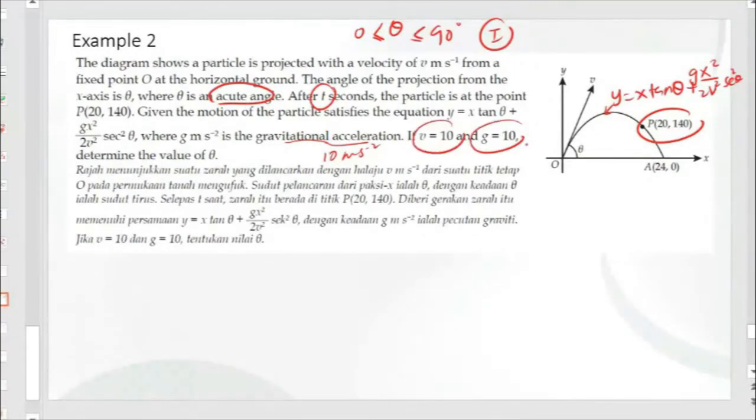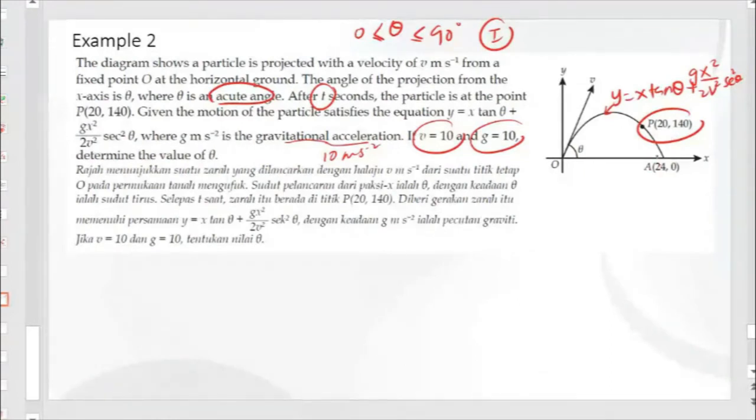Then what is the value for theta? Now the question from the diagram gives you two coordinates, right? You have coordinate A and coordinate P. So which coordinate are we going to use for this question? Can anyone tell me?